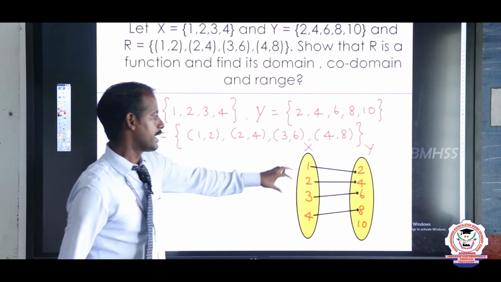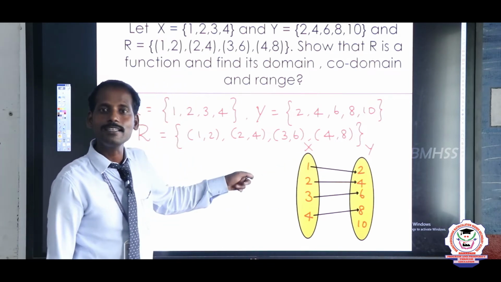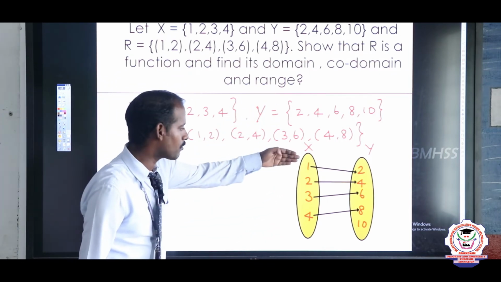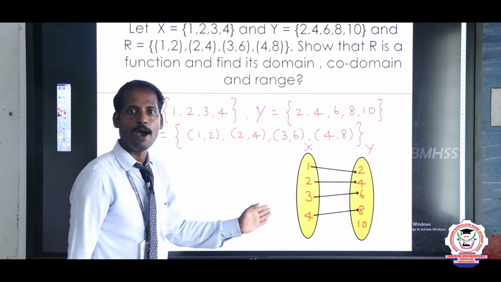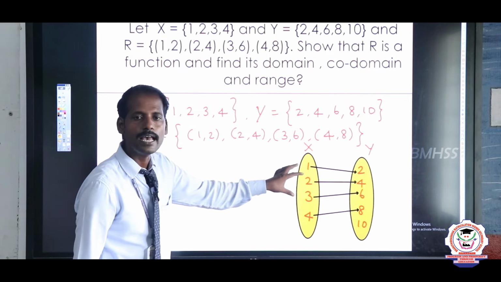So here every element has one unique image. Therefore R is a function, because the elements 1, 2, 3, 4 each have one unique image. Therefore R is a function.